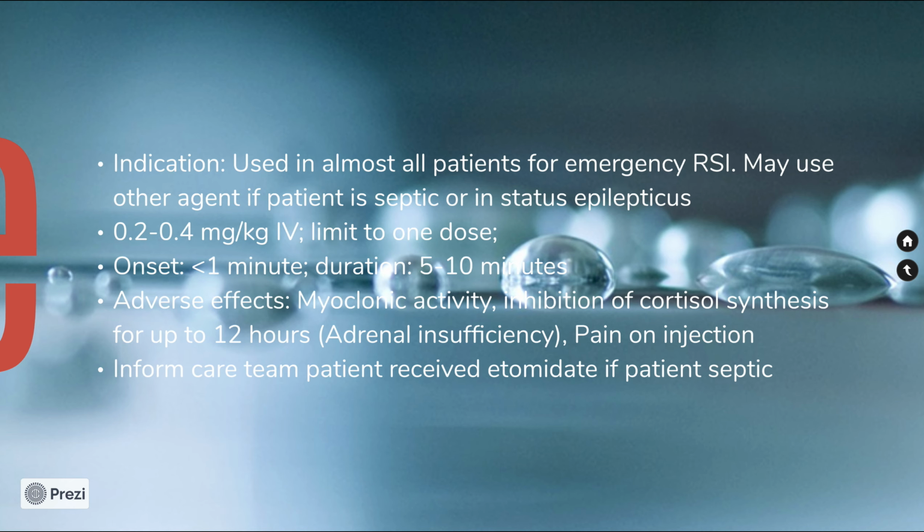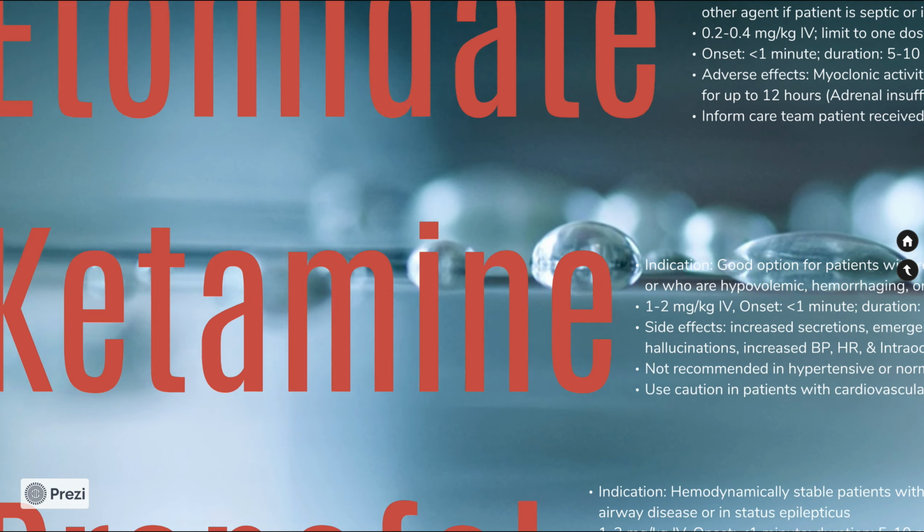Some adverse effects associated with etomidate are myoclonic activity, some seizures, inhibition of cortisol synthesis, adrenal insufficiency, and pain on injection. So if the patient is having sepsis or somewhere in the spectrum of sepsis, inform the care team that you have used or will be using etomidate. So generally, etomidate is widely indicated for almost all patients.